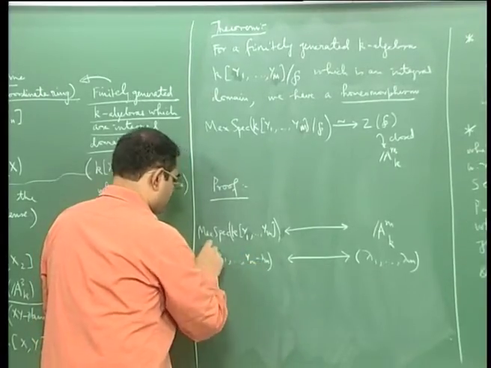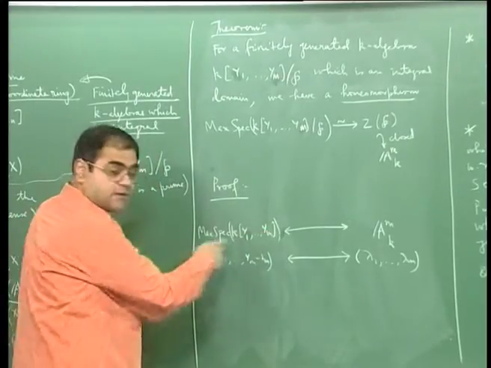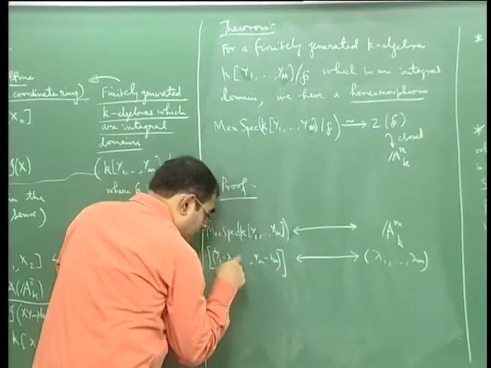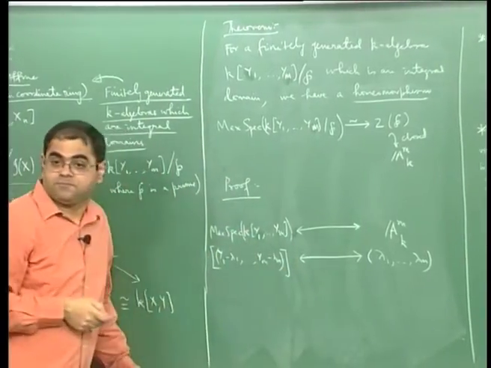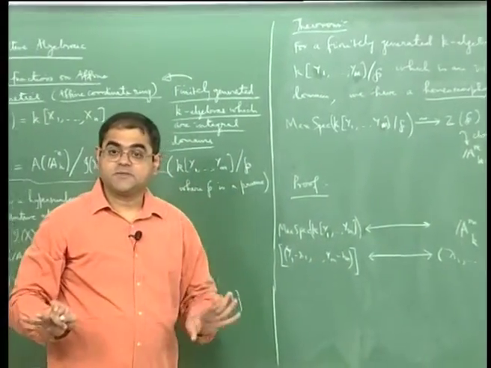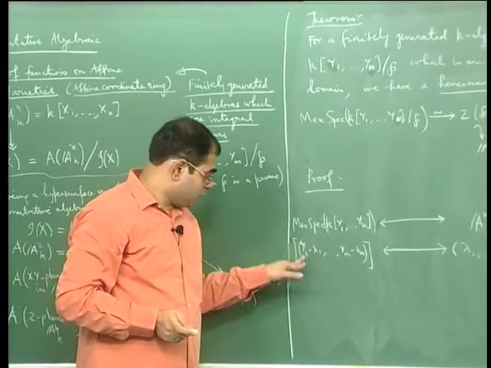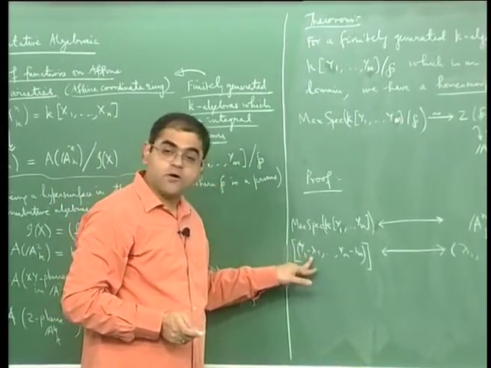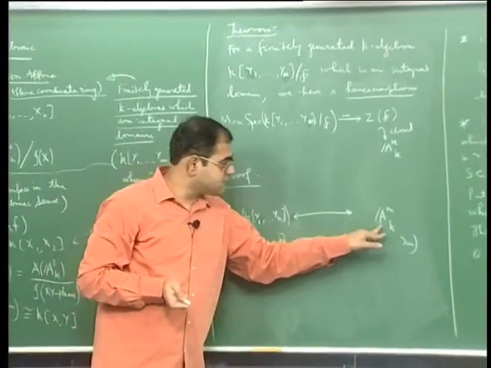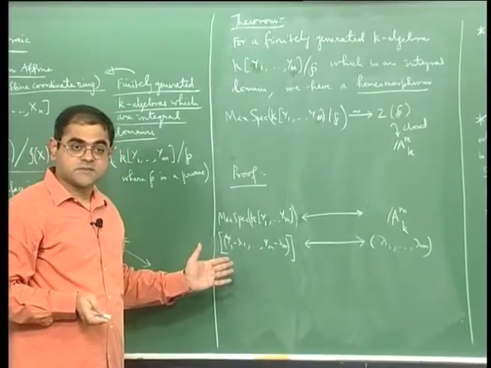This is a maximal ideal in K[y1, ..., ym], and I put the square bracket to say that I am considering it as a point of the maximal spectrum. So this bijection is simply because of the Nullstellensatz, which tells you that every ideal of this form is maximal. That is true for any field, and conversely if your field is algebraically closed, every maximal ideal is of this form. That is the Nullstellensatz.